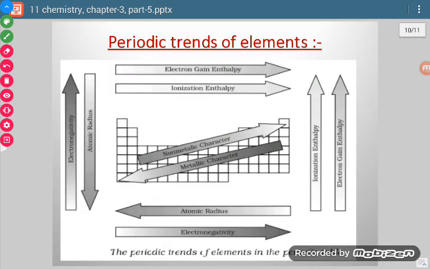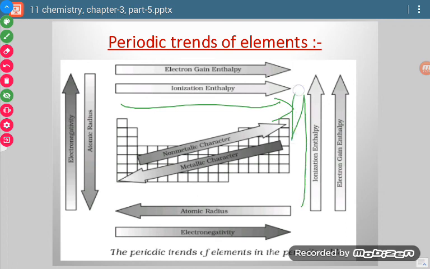Okay, now see in this picture you can see all the properties and their trends towards the arrow. This shows the increasing nature. Now see this way, the direction is like this. It means ionization enthalpy as well as electron gain enthalpy increases when we move from left to right.